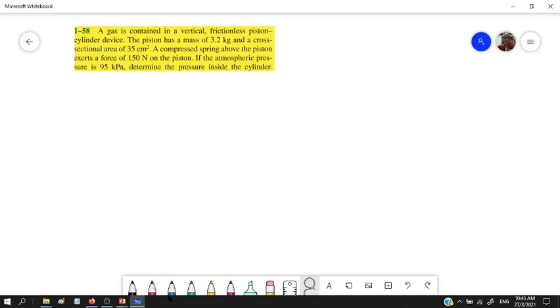So if we redraw our model, this is our piston. The piston has a mass, and we have a spring right here.